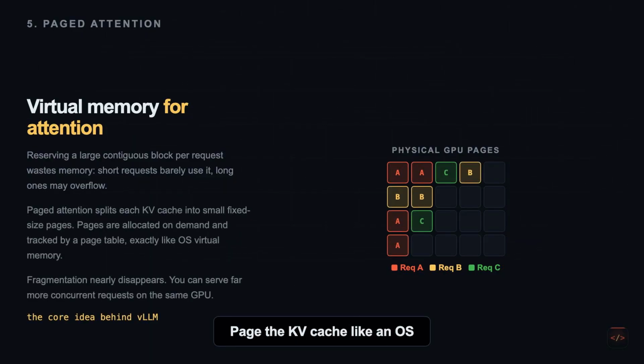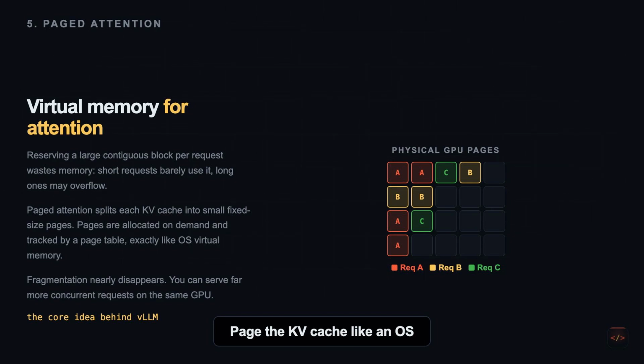Continuous batching creates a new headache, managing all those KV caches of different growing sizes. Reserving a fixed big block per request wastes huge amounts of memory because most requests are short. Paged attention, the idea behind the vLLM engine, borrows a trick from operating systems.